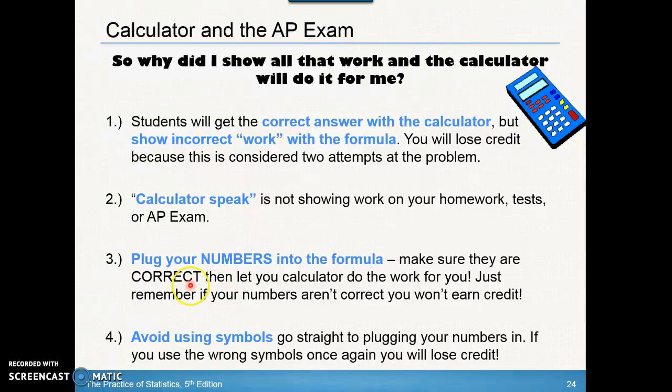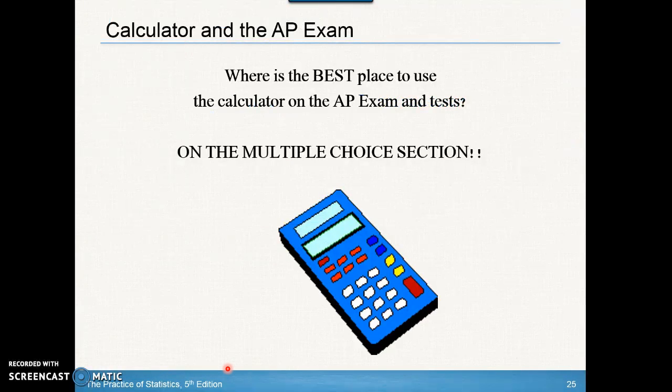Just make sure they're correct, then let the calculator do the work for you. So much easier. I would avoid using symbols and just go straight into plugging the numbers into that confidence interval formula. Often students will use the wrong formulas and lose credit, so they'll put p in instead of p-hat. So just plug the numbers straight in. You don't actually have to show the formula.